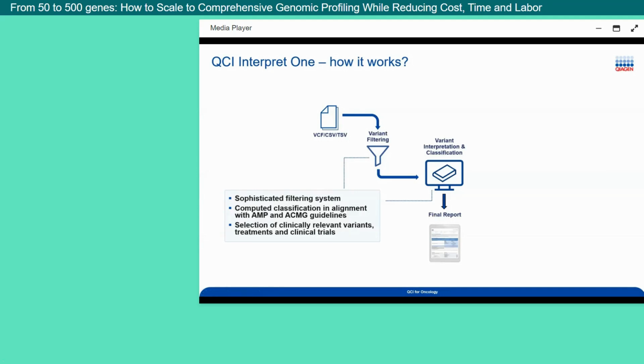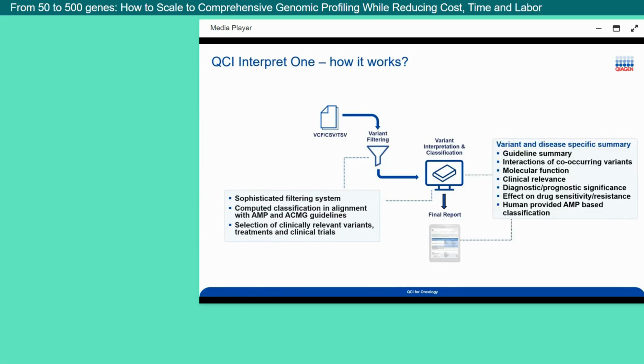Each variant will be automatically classified according to the AMP and the ACMG guidelines and associated with appropriate treatments and trials. In the second step, you will retrieve ready-to-use variant and disease-specific summaries without the time-consuming step of writing them yourself.